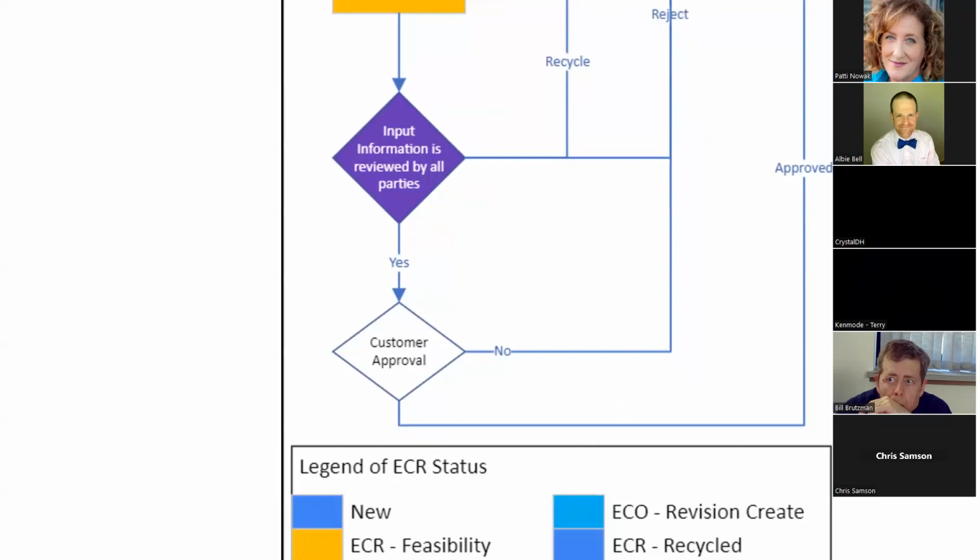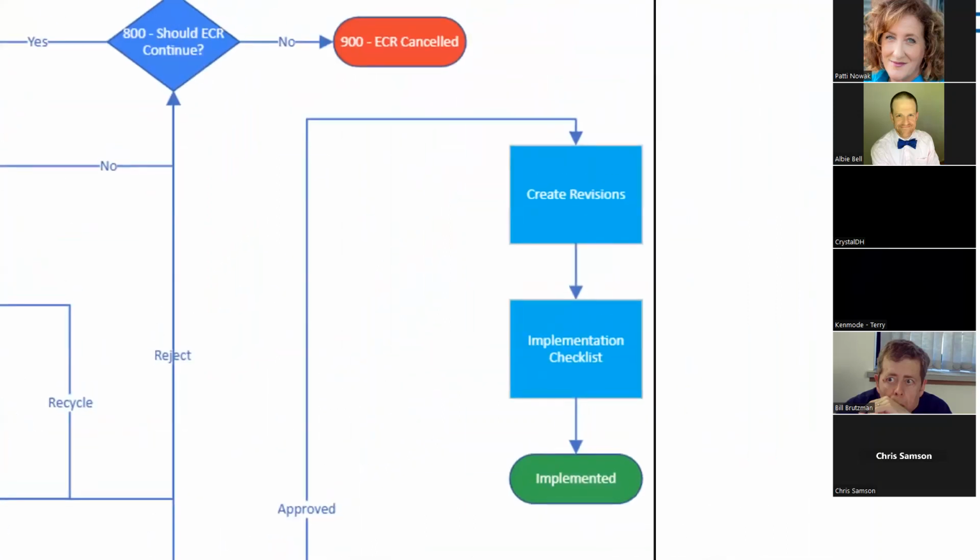And then there's the customer approval down at the bottom. Yes, no, approved, before getting into creating revisions. And this is part of the implementation side that Plex has built into it, on taking a part revision and making the next one. And what happened at this step, we will talk about in 2 slides.